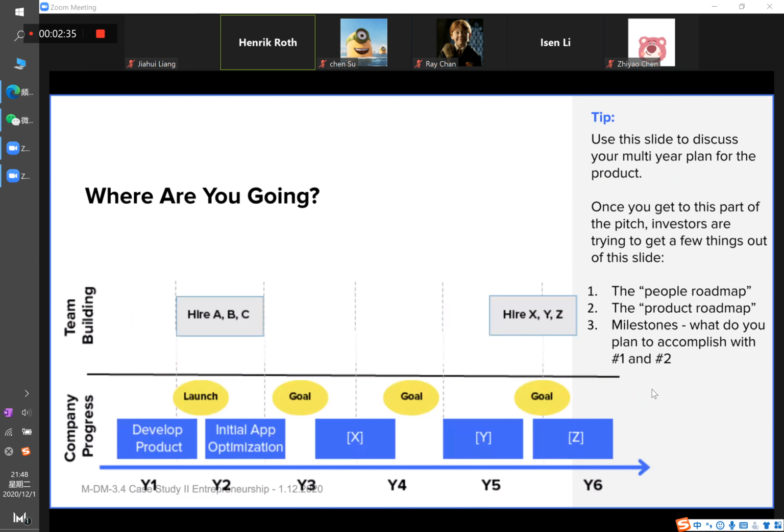And also a short roadmap time-wise. So when you get the funding today, when you launch it, how long will it take to develop the product? When will you hire the team? And so on and so on. So just a roadmap of the progress.